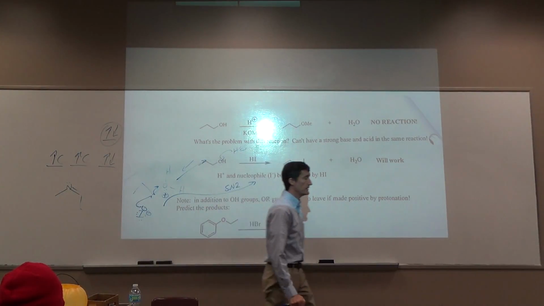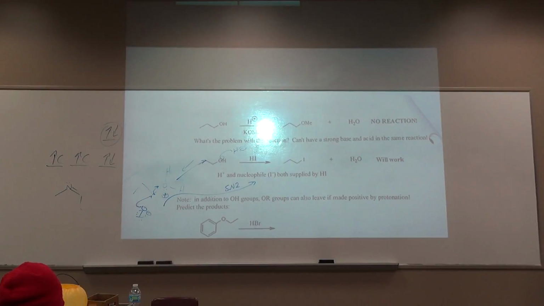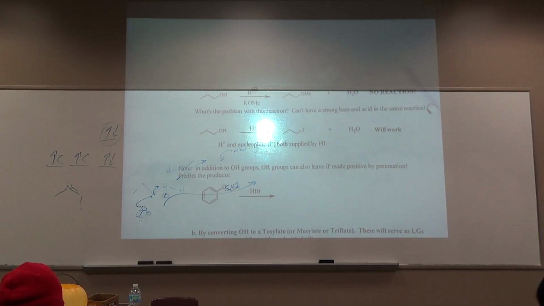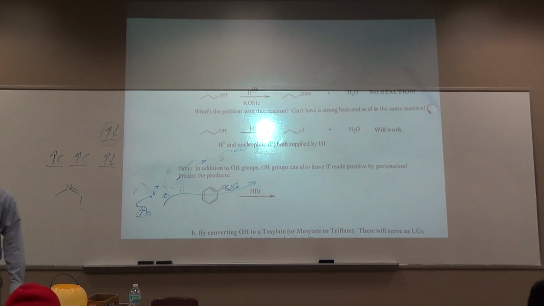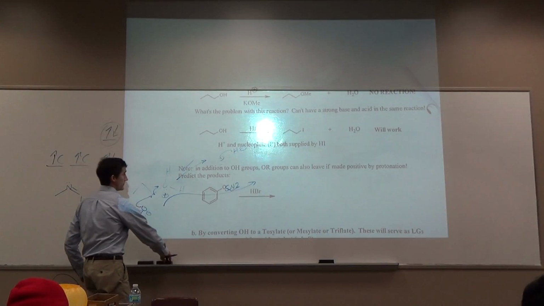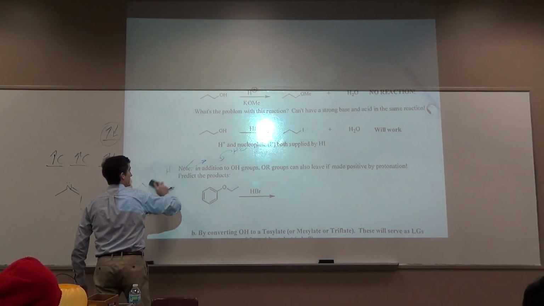So, can you show the product down here? Now you would want to work through it mechanistically. You don't want to just pull a product out of the air. Take a second to show the product there.